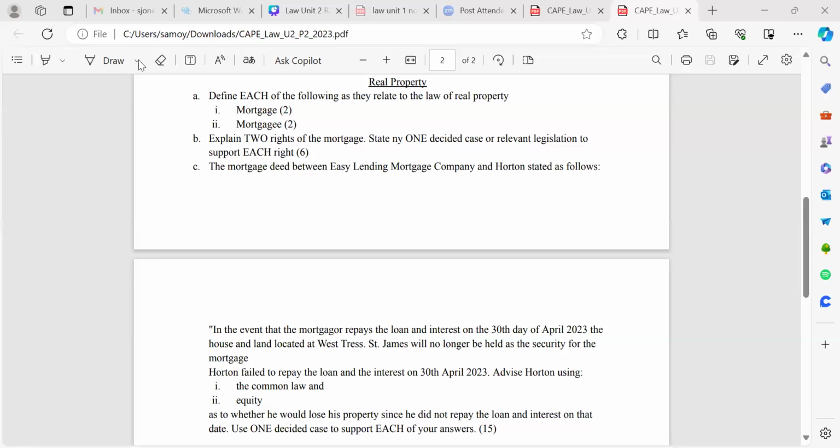And the other right I mentioned was the right to redeem.